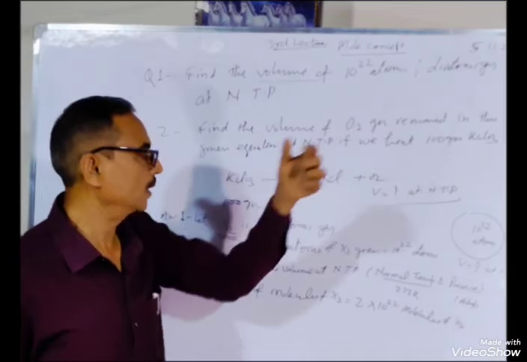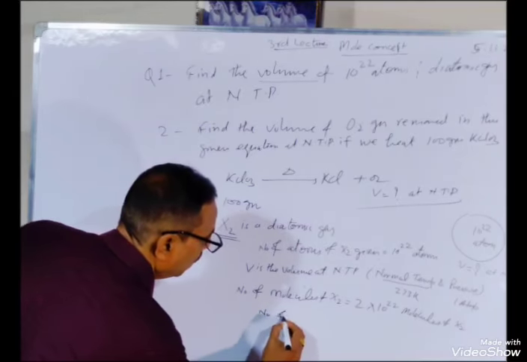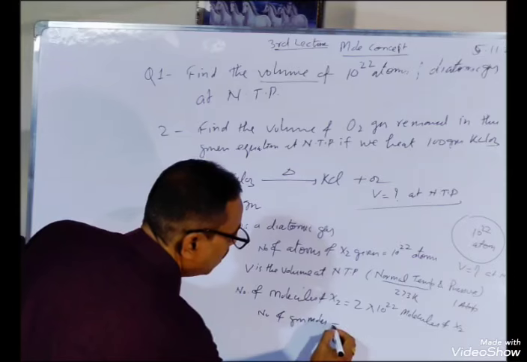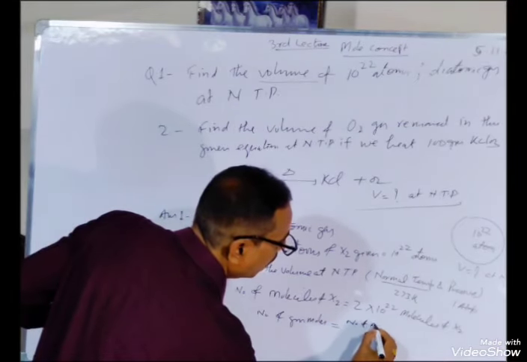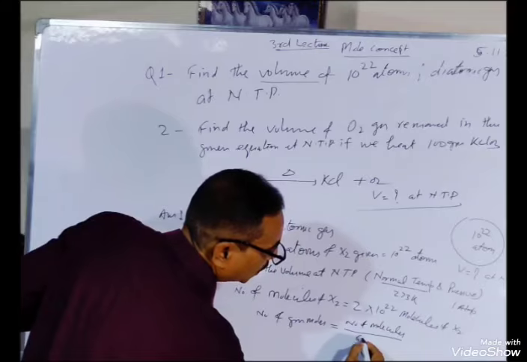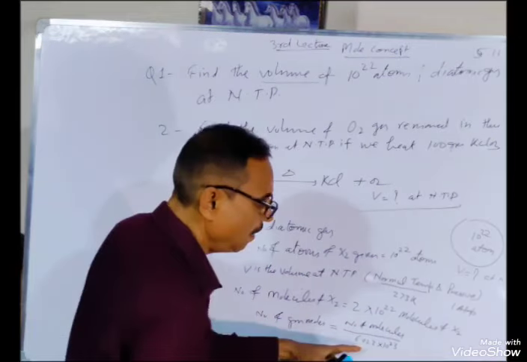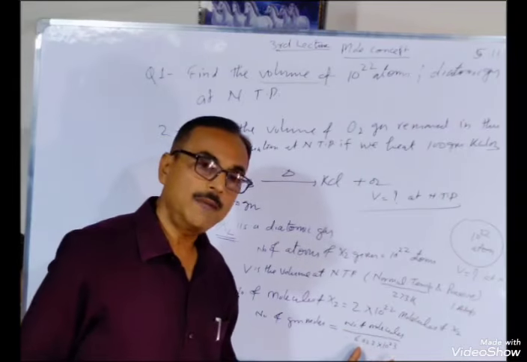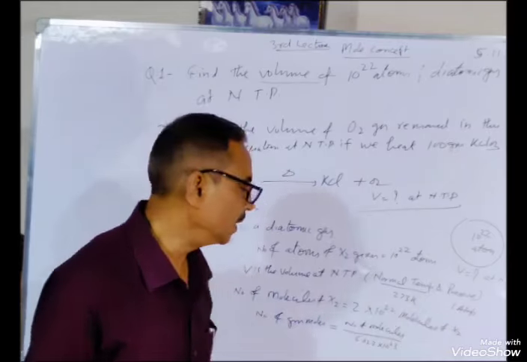It is a diatomic. Now number of gram moles, as we told you yesterday, नंबर ऑफ मॉलिक्यूल्स डिवाइडेड बाई एवोगैड्रो नंबर 6.023 इंटू 10²³. This is the Avogadro number. If we divide the number of molecules by the Avogadro number, you will get the number of moles of the gas.